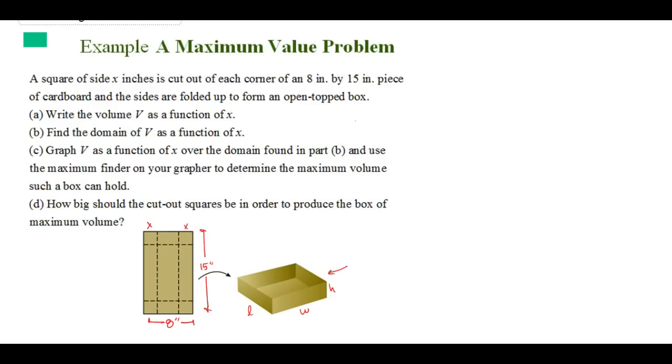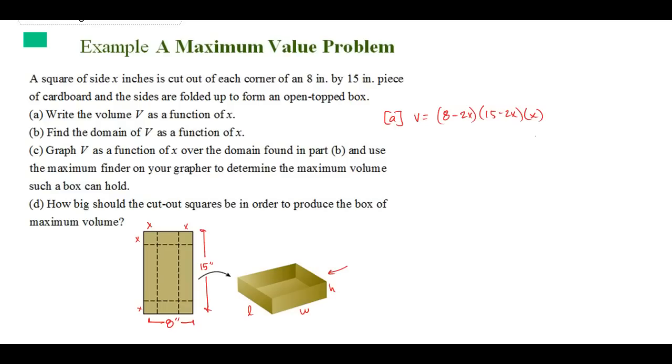So in fact, for part A, the volume is going to be 8 minus 2x. That's one of the sides. And the other side, the 15, is going to have an x cut out and an x cut out too, so it's 15 minus 2x. And then the last side is how high it is, and that's going to be x units high. So there is the volume of the box in part A.